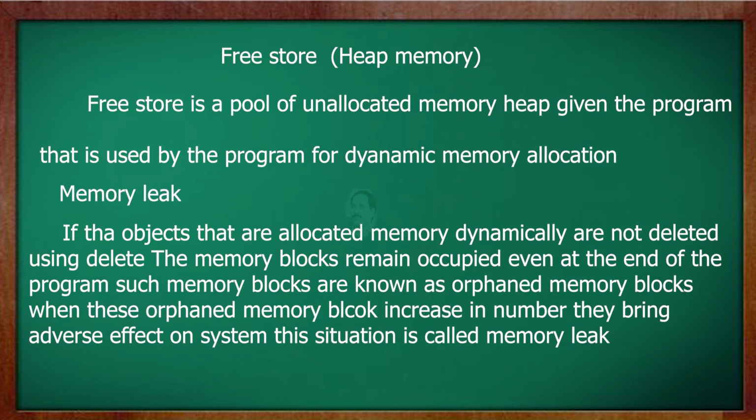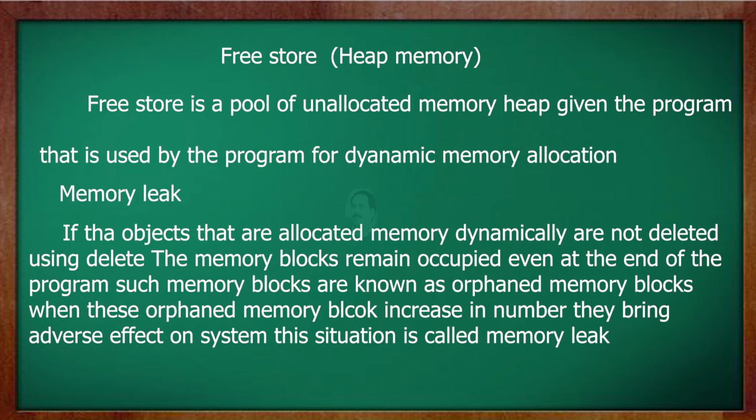Next we learn about memory leak. What does memory leak mean? We have already understood that whenever memory is allocated dynamically and is not deleted using the delete function, these memory locations or blocks remain occupied even at the end of the program.